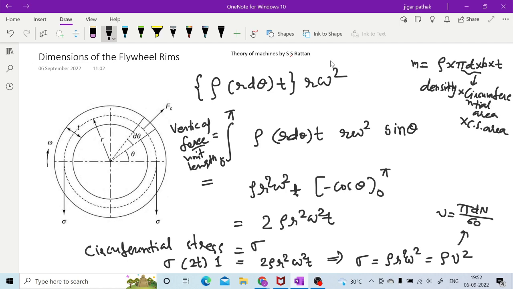Like this you can represent the mass of the flywheel.